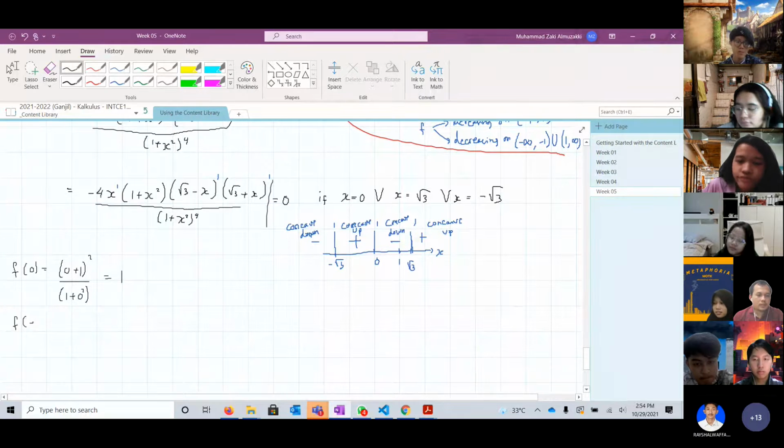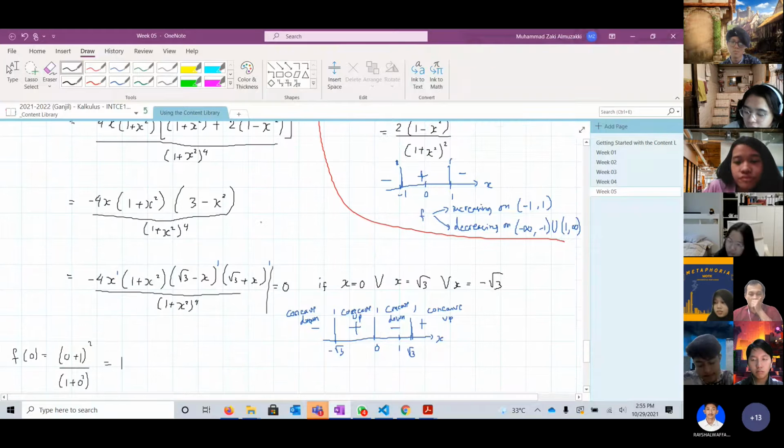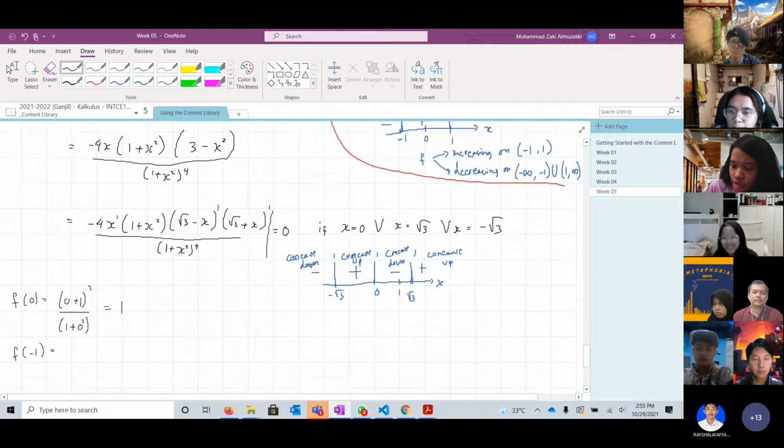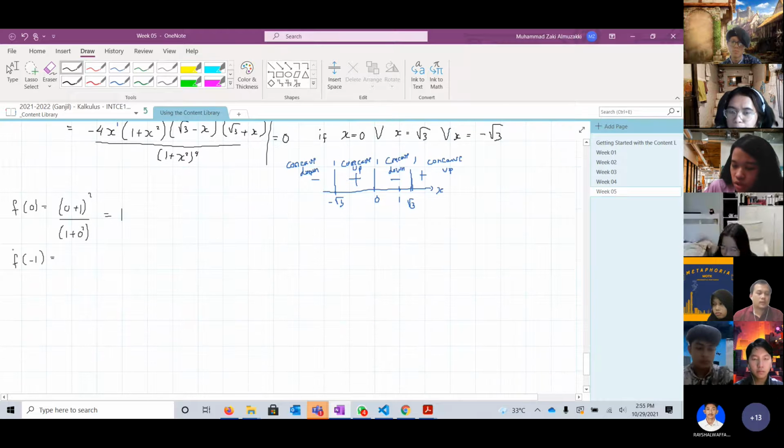f of minus 1: here we have a local minimum, and at plus 1 we have a local maximum. So at minus 1 we have (minus 1 plus 1) squared over (1 plus minus 1 squared).